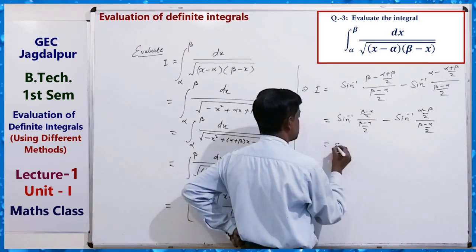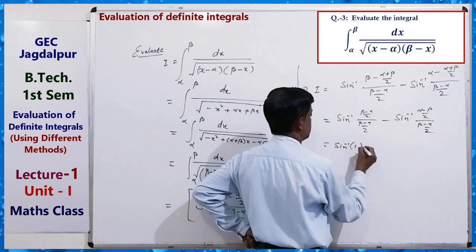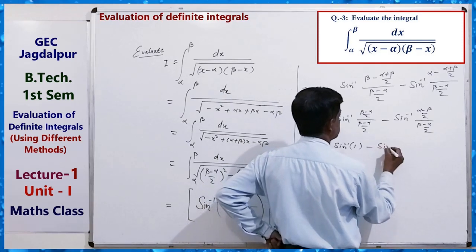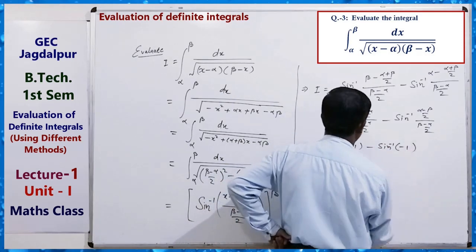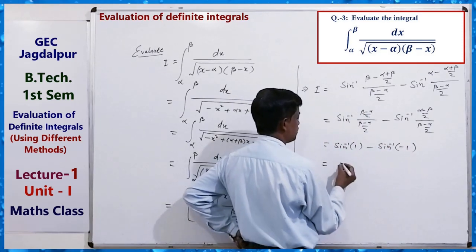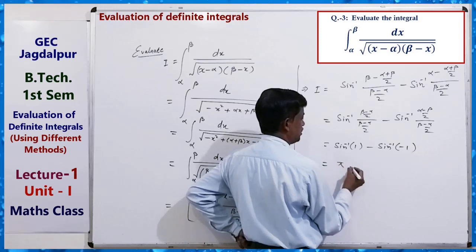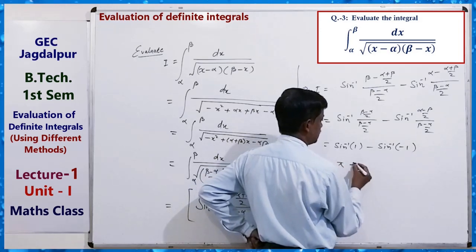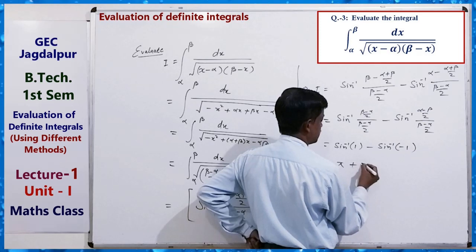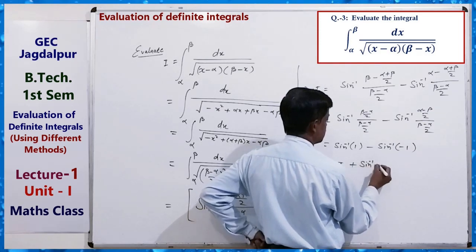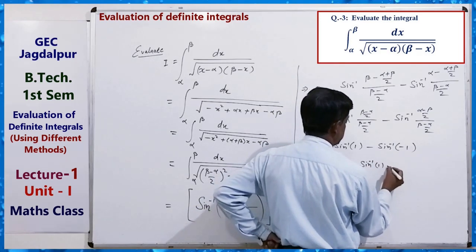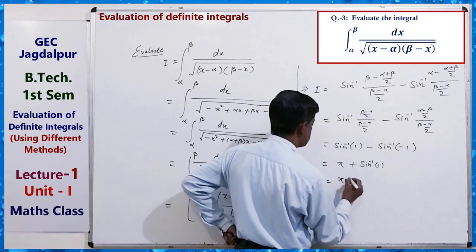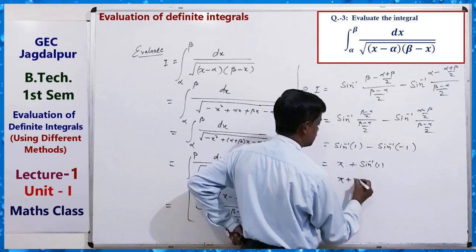So sin inverse 1 minus sin inverse minus 1. Sin inverse 1 means pi by 2, and this means plus sin inverse 1, which equals pi by 2 plus pi by 2, that is pi.